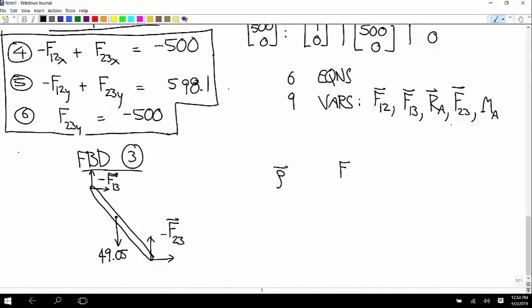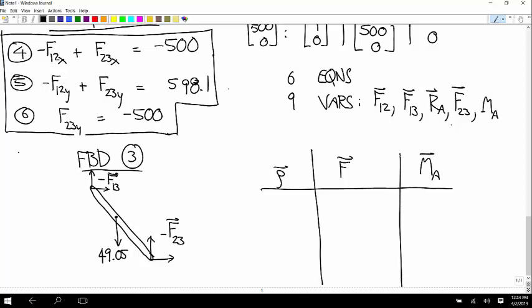And then rho, force, moment. Let's see. I'll put the about point here, I guess. So the first force I'll do is negative F23. The rho vector is 0. Force is negative F23x, negative F23y.